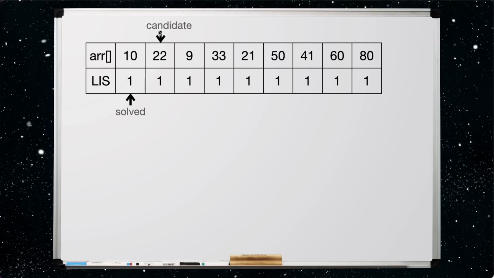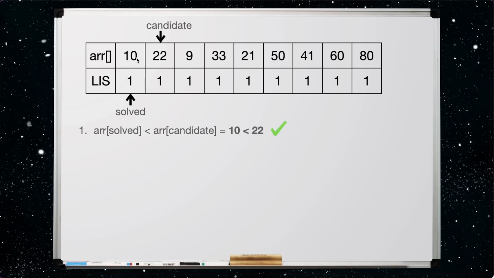So we move our candidate to the right, and actually our algorithm, when implemented in code, would start the candidate at index 1, because index 0 is already solved, it's always 1. The algorithm will go as follows. It will first check the condition: if the array value at the solved index is less than the value of the array at the candidate index. This is to ensure we have an increasing subsequence.